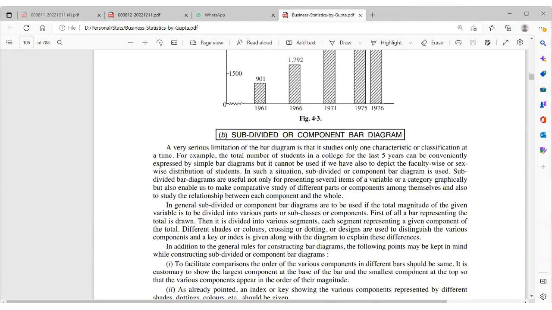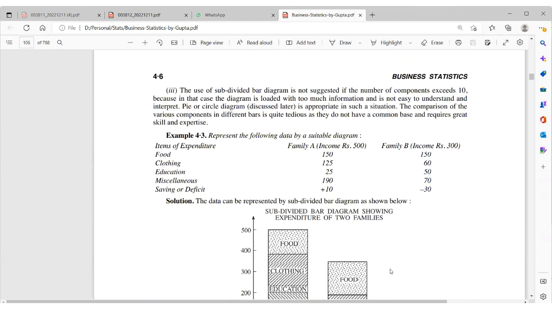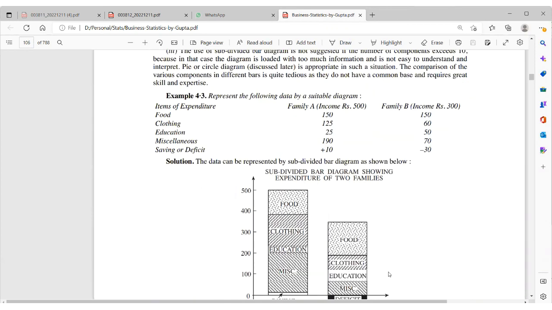Now, subdivided or component bar diagram. This is subdivided. Right?